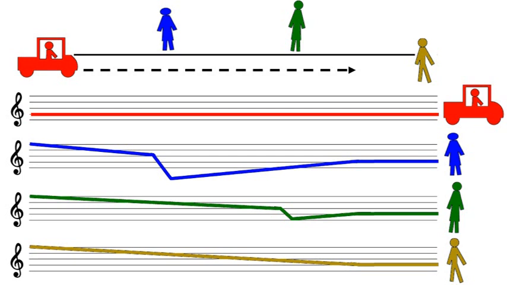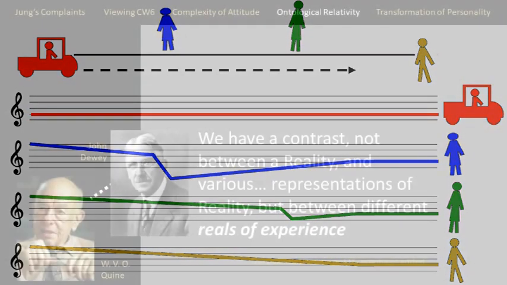These patterns do not exist purely in the outer world, nor purely in the mind of each person. They are different but related realities that are created through the interaction of an event in the world and each individual. Ontological relativity means that reality is relative to both the individual and the external world.